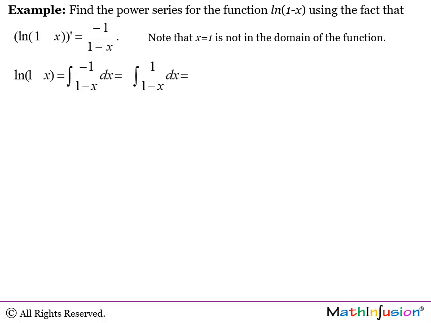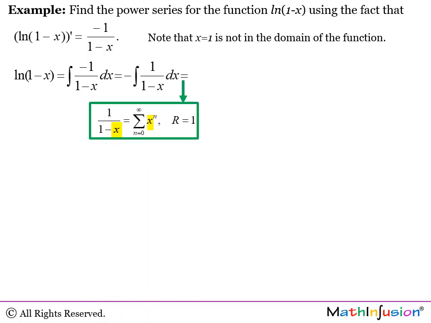We will write 1 over 1 minus x as a power series. We recall that the radius of convergence is 1. We will replace now 1 over 1 minus x with the power series.